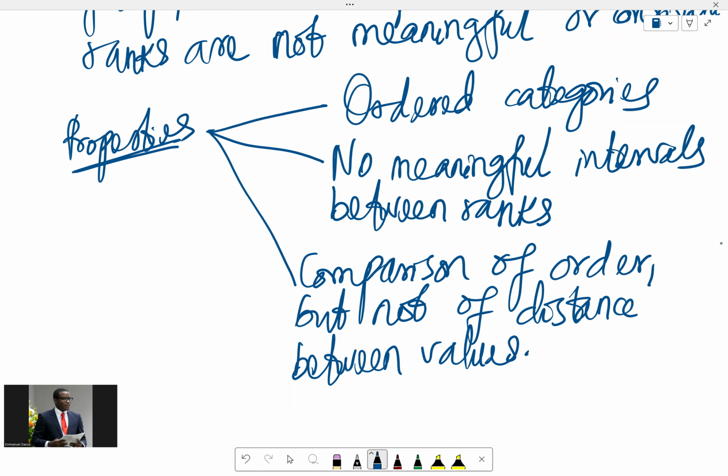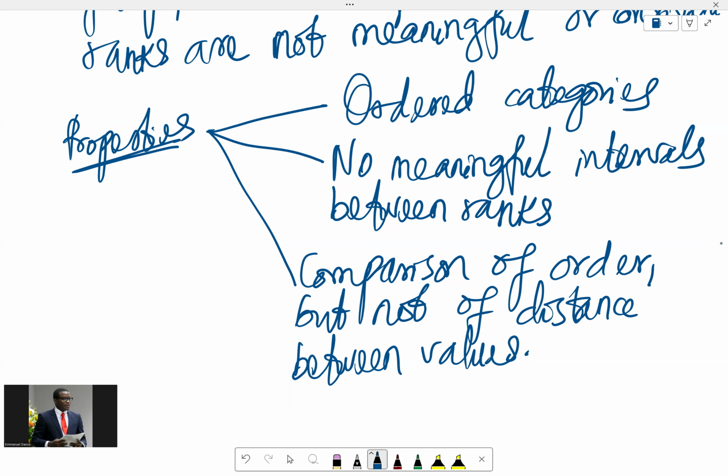So let's say the first person runs the race in 30 seconds. The second person probably runs it in 30.1 seconds. You understand? That's really close. Let's say the third person actually runs it in 40 seconds. So of course first is ahead of second, but then the intervals between them don't actually matter like that.